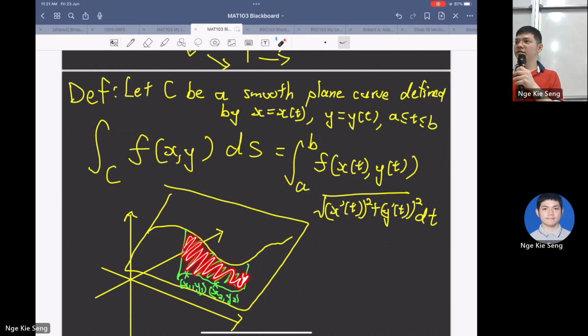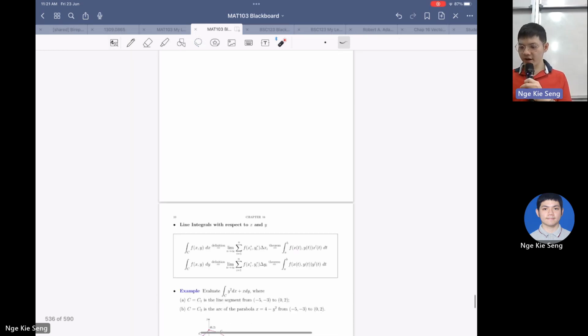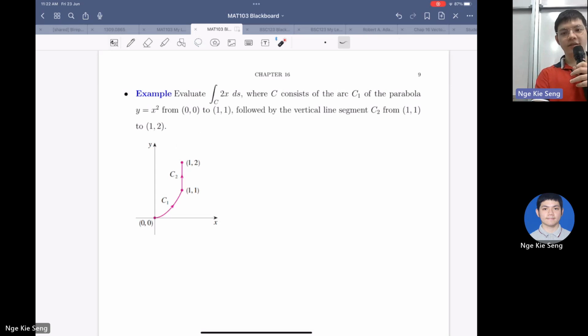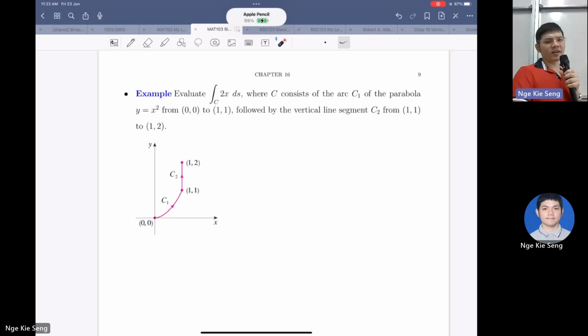Make sense? Let's try one example. I'll let you work it out, about 5 minutes. Last time we worked out the example of a half circle.